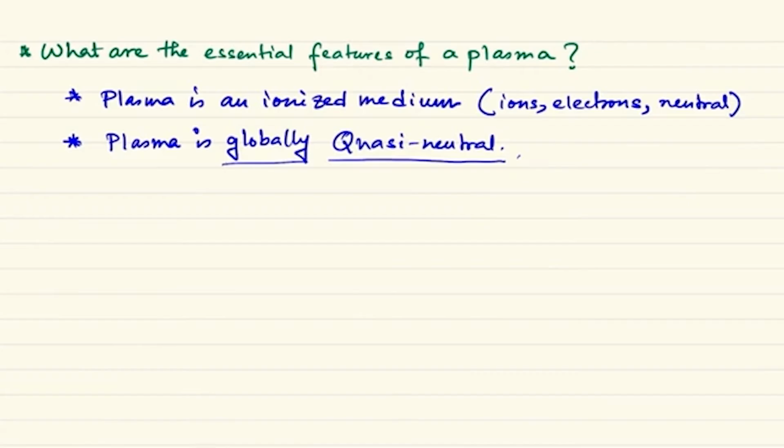And that's why this word quasi comes in. So globally simply means that you have to take into account a considerable volume of material, over which you average.